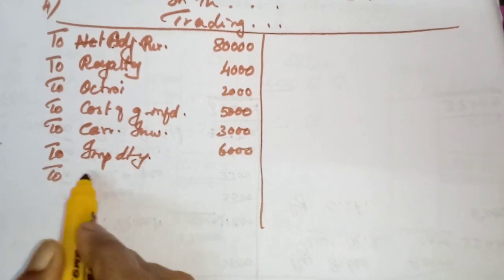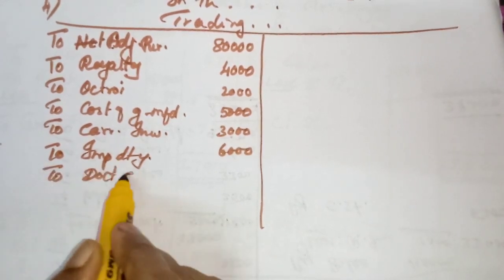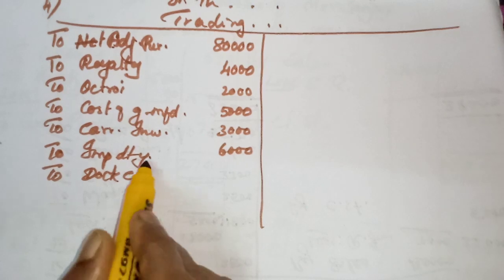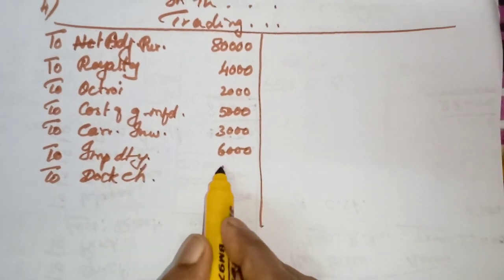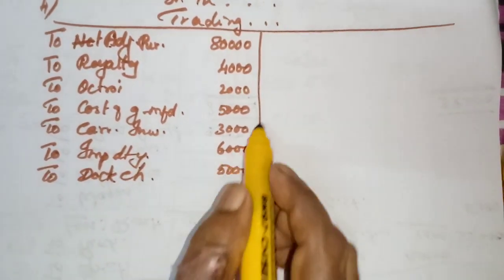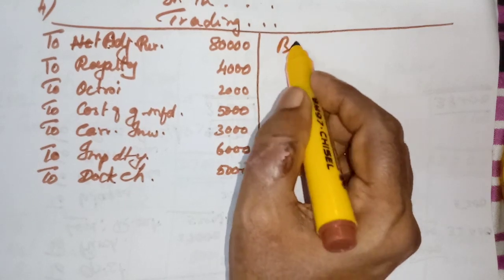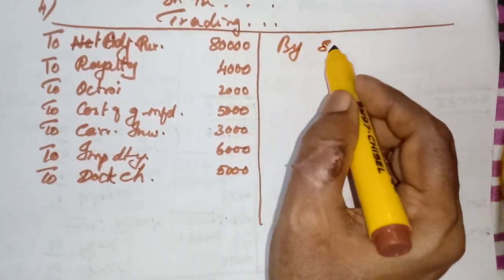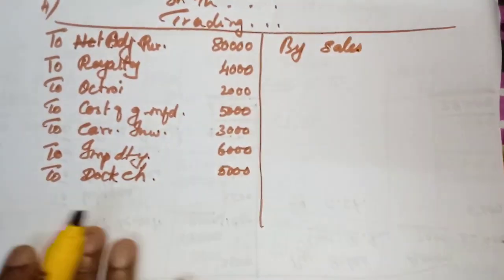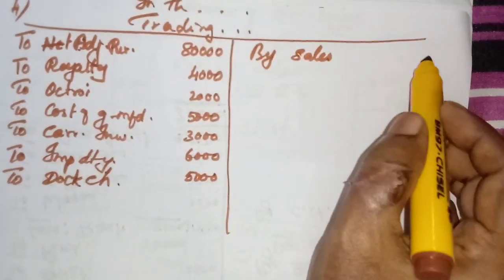Dock charges, 5,000. All direct expenses. Here by sales. Okay, sales 90,000.